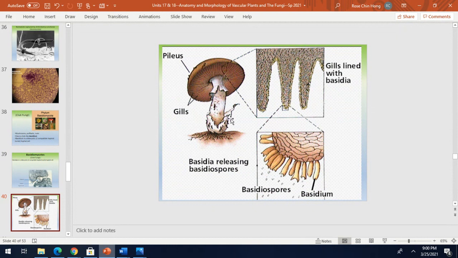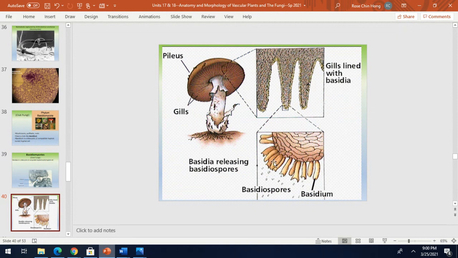So what we have is a simplified version: in the gills, these are the gills now that you see like this, they're all lined with basidia. So the basidia are these basidium here. So you see this club-like structure? Each of these here is a basidium.